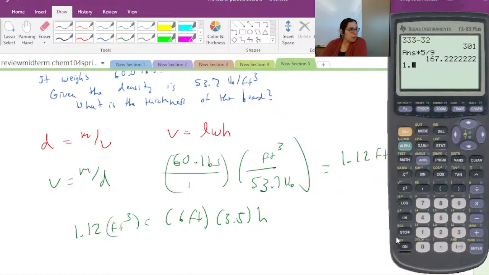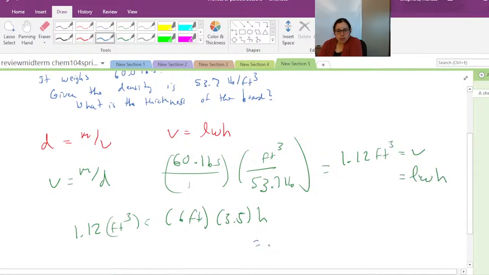And so what do we get for our height? And so just watch the units. This one didn't specify what to give it in, so in this case, 0.0532 feet.